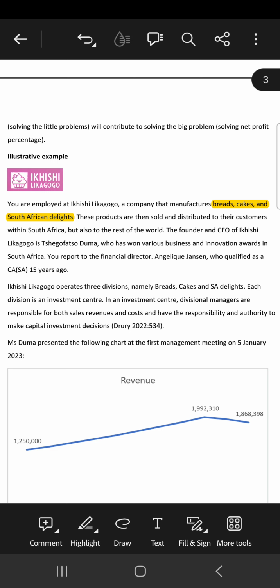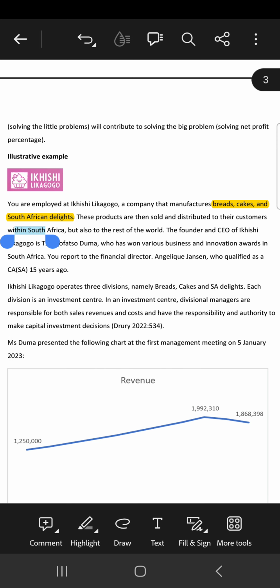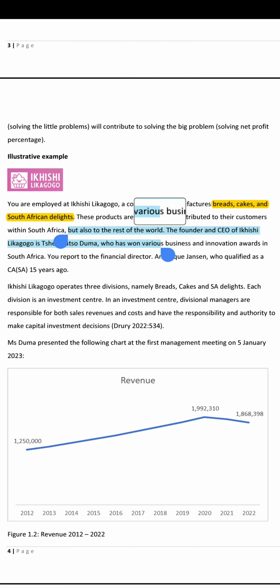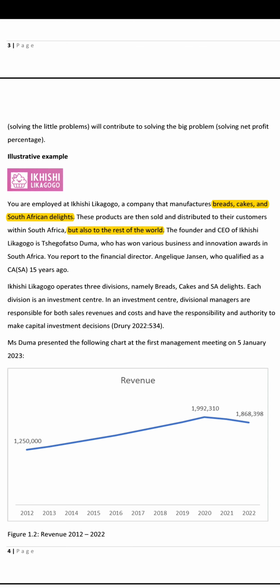So the next sentence goes on to say, these products are then sold and distributed to their customers within South Africa, but also to the rest of the world. Okay. So actually, I say this is important. Now, answer this on your own, right?